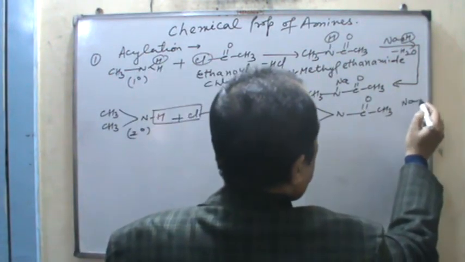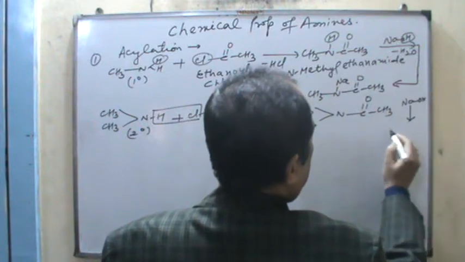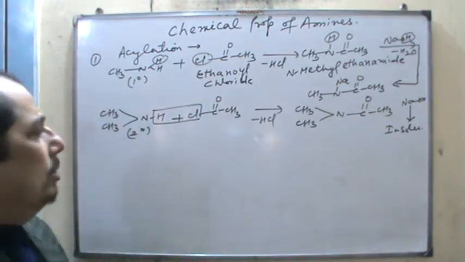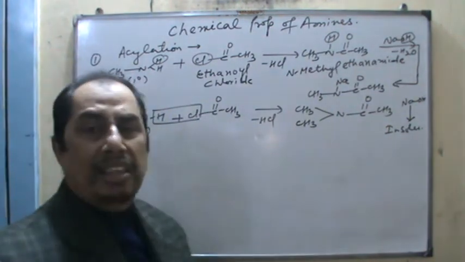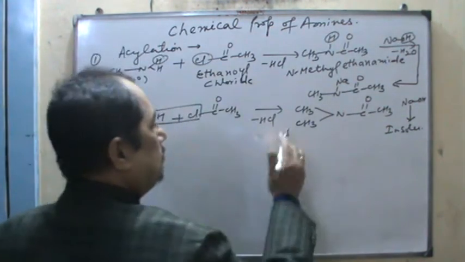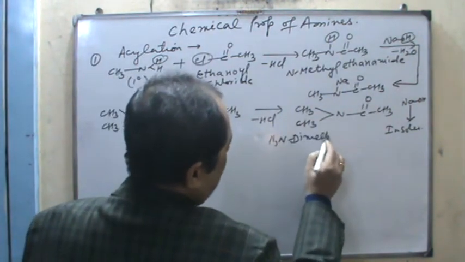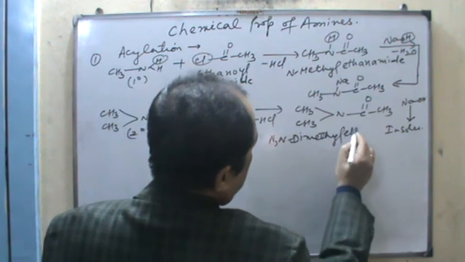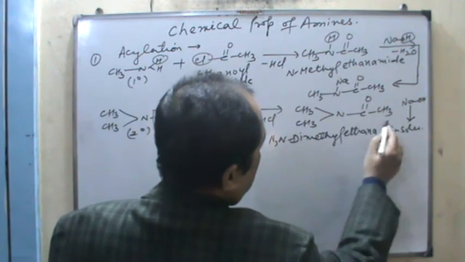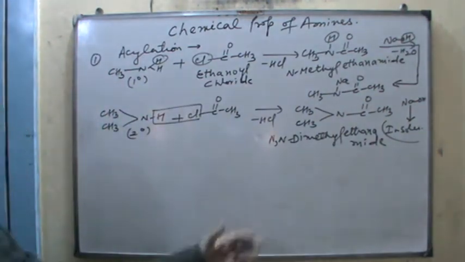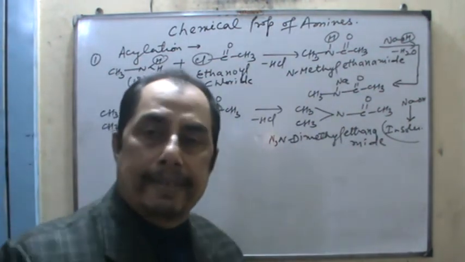Whenever dissolved in alkali, then it is very much insoluble. The nomenclature is N,N-dimethyl ethanamide, or N,N-dimethyl acetamide, right?